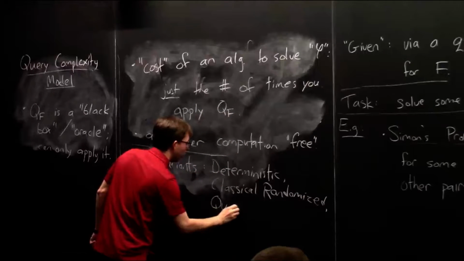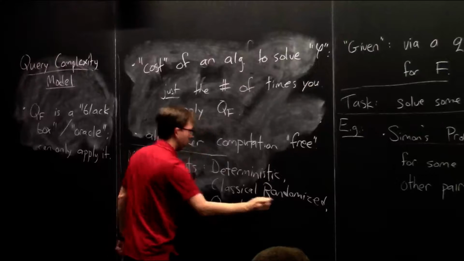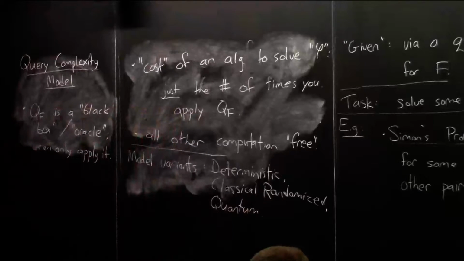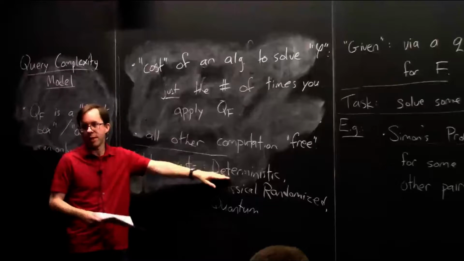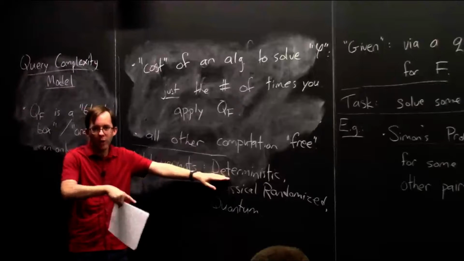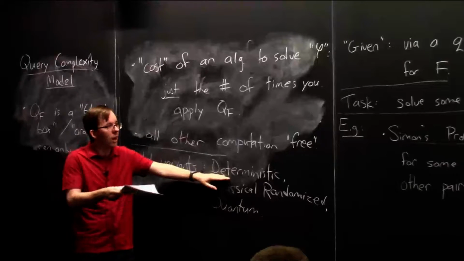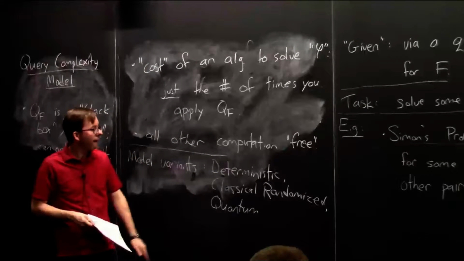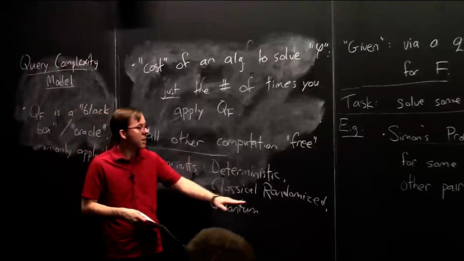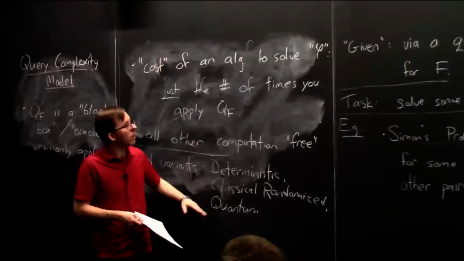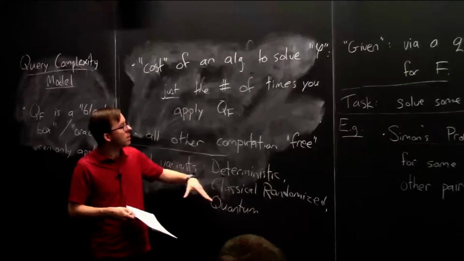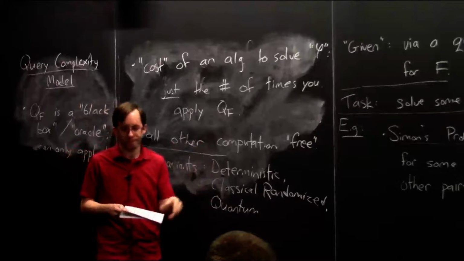In fact, you can also study additional models like the non-deterministic model, other models, but we won't talk about that much today. OK, and this model just means that the algorithm has to be deterministic, so it always queries the same entries in the input data. Here, you're allowed to use randomness to decide what to query next, and here you're allowed to use randomness, but you can also query superpositions of F's entries.